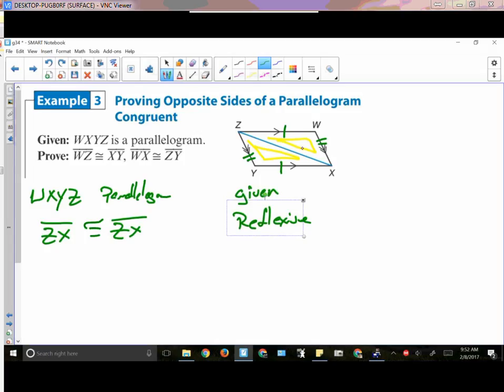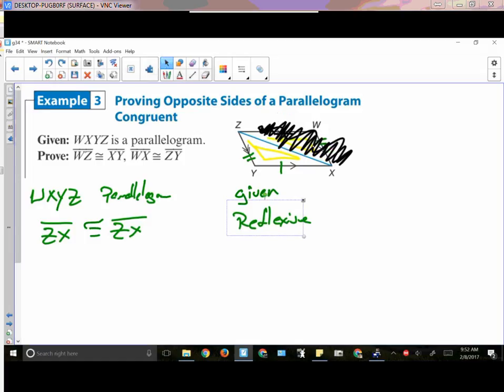If I cover the top triangle up over here, I have ZX on a triangle, right?